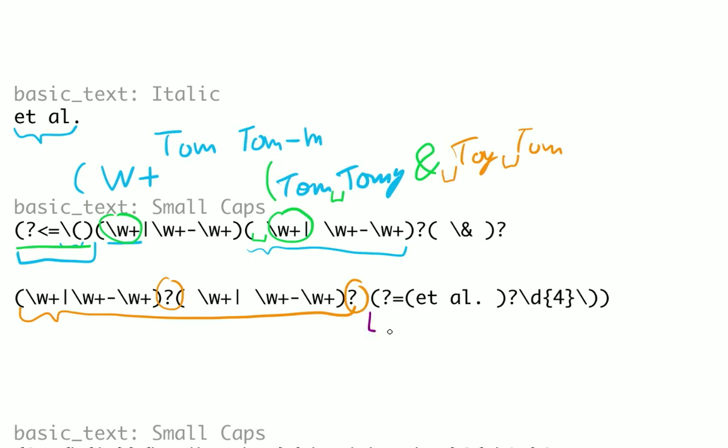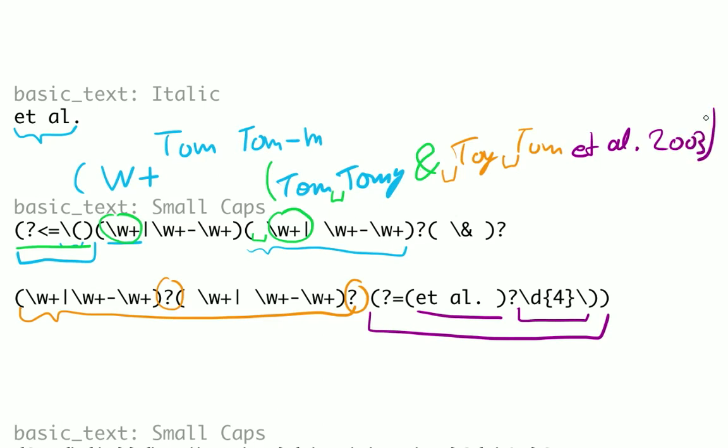Then we start with the look behind over here. And we might have an et al in here, but this could also be missing. And then what we always need in any case is a digit that consists of 4 numbers. So it could be, for example, 2003. And we close it with a bracket in the end.